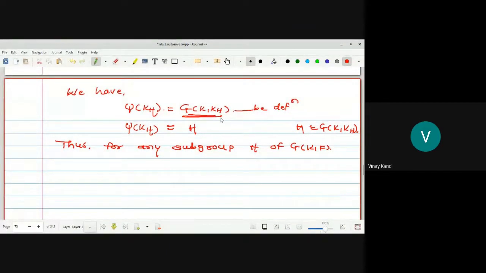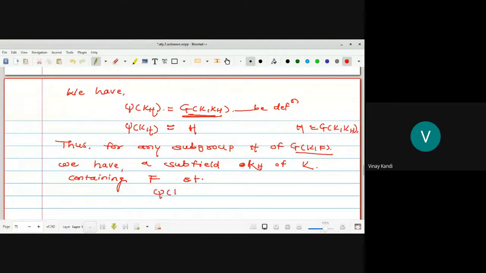So thus for any subgroup H of GKF, we have a subfield KH of capital K containing capital F, such that psi of KH is equal to H, hence psi is onto. Is it correct?